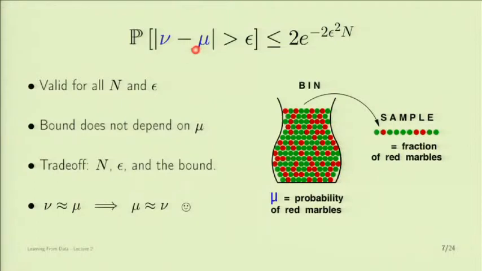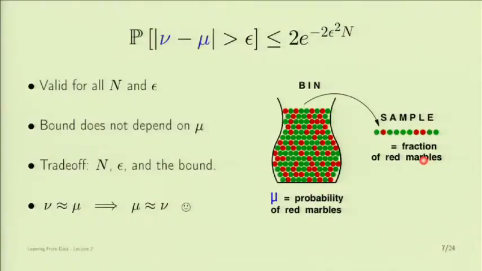Now, the way you are using the inequality is to infer mu, the sample here, from nu. That is not the cause and effect that actually takes place. The cause and effect is that mu affects nu, not the other way around. But we are using it the other way around.